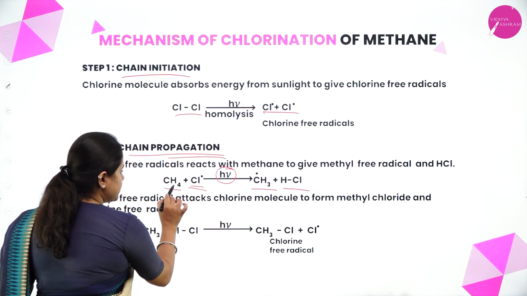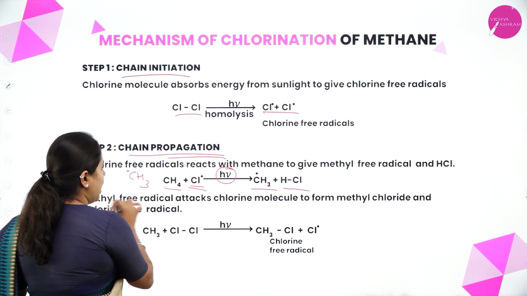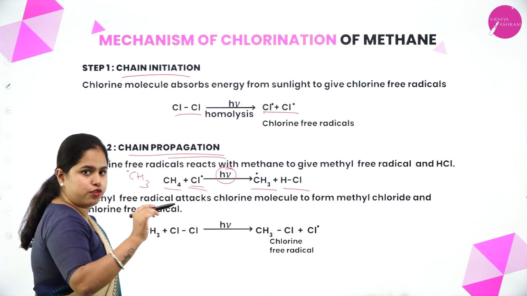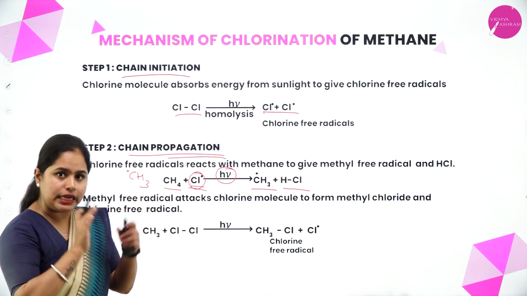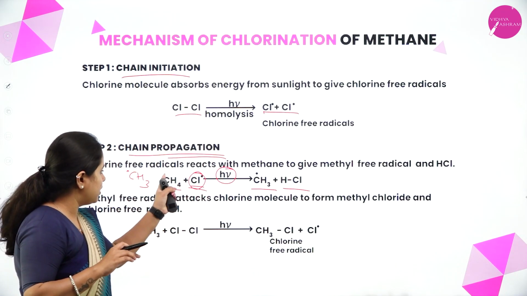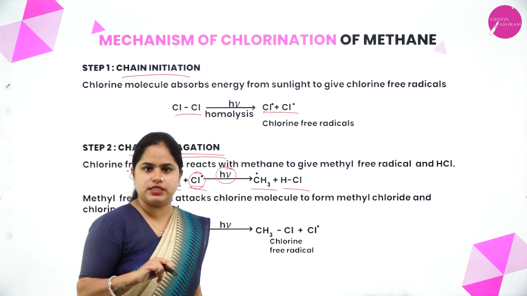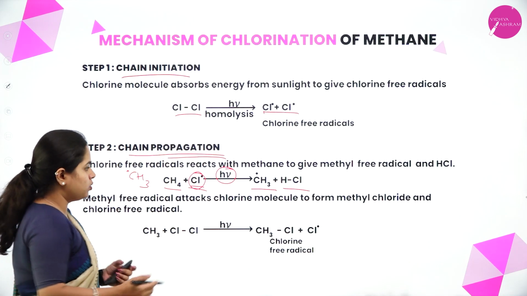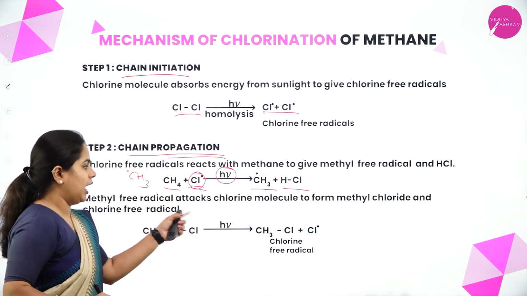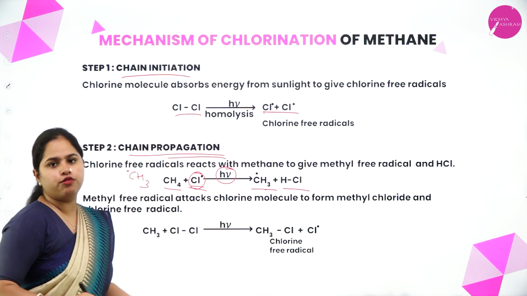Again, see, it is CH4. It will form CH3 radical, and the H which is left out from here will combine with the Cl radical. So HCl will form and the radical will be shifted to CH3. That is how you are getting methyl radical and HCl. Now in the next step, the methyl free radical will attack a chlorine molecule to form methyl chloride and chlorine free radical.